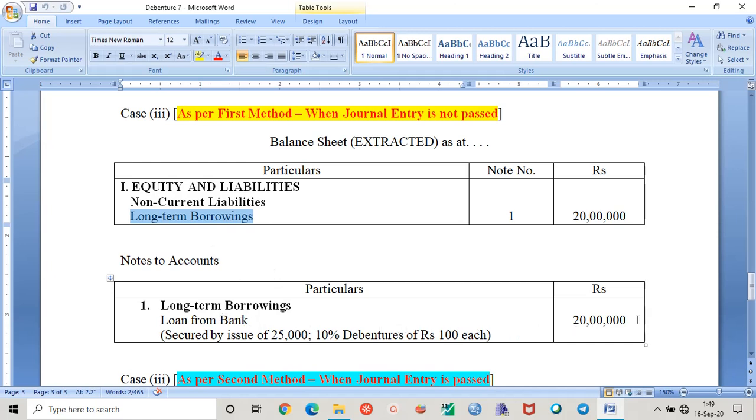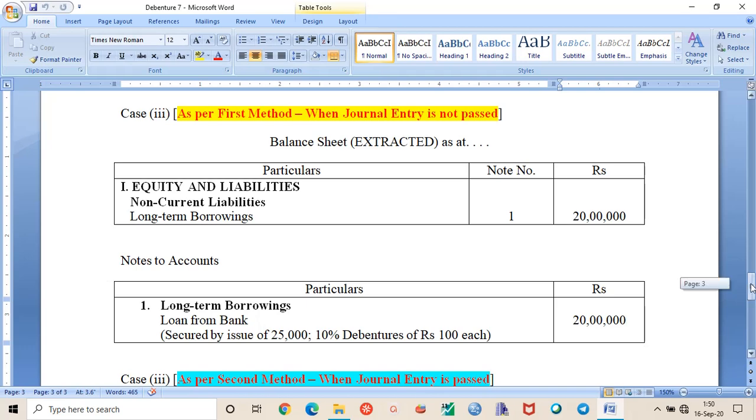This 20 lakh is the loan amount that you have taken from the bank, loan from bank, 20 lakh, secured by issue of 25,000 10% debentures of rupees 100 each, when the journal entry is not passed. So this is your first method. It's very simple. Equity and liabilities, main head non-current liabilities, under which you have long-term borrowings. Under this you will write this loan from bank, you can refer to the notes to accounts. So this is your loan from bank.